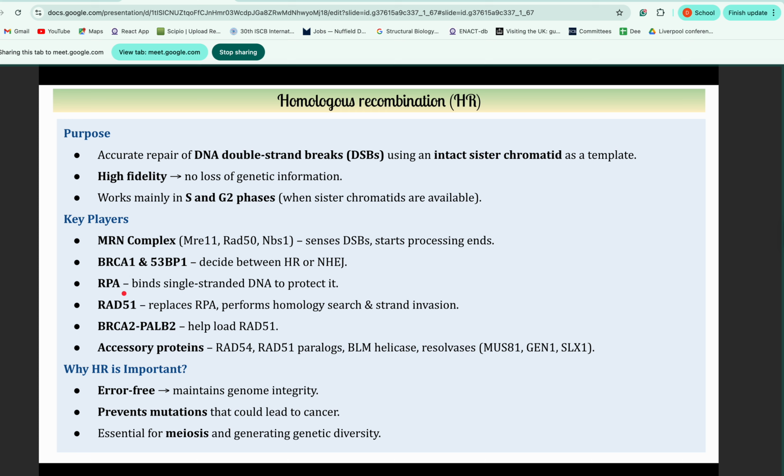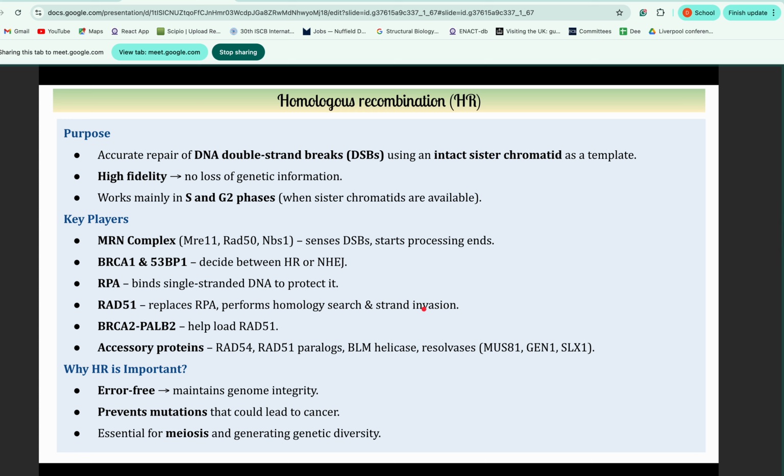Then comes RPA. This is another protein which binds to single stranded DNA and protects it from nucleases or other degrading processes. Also, because DNA is unstable when it is single stranded, it tries to re-anneal. So to keep it stable in that single stranded form, RPA is required. Then comes RAD51, which will further replace this RPA, and now it will perform homology search and strand invasion. It will search for the sister chromatid and then invade it.